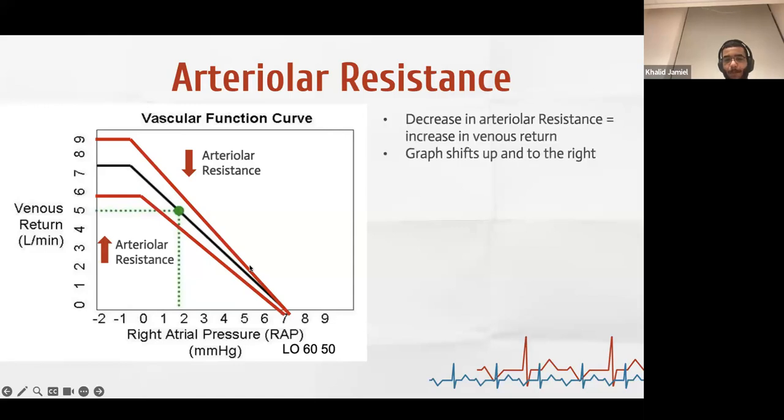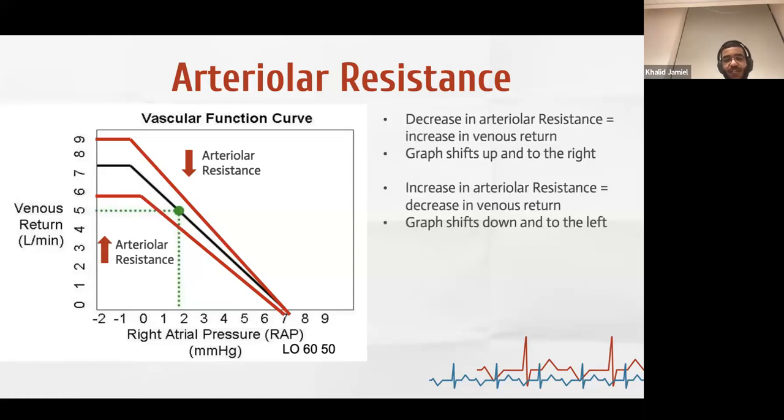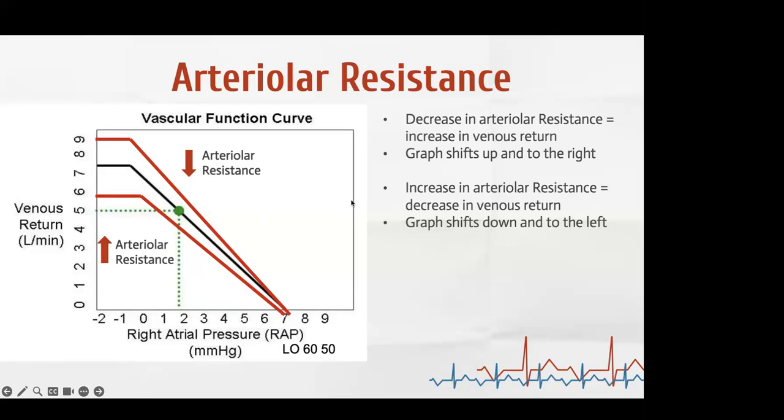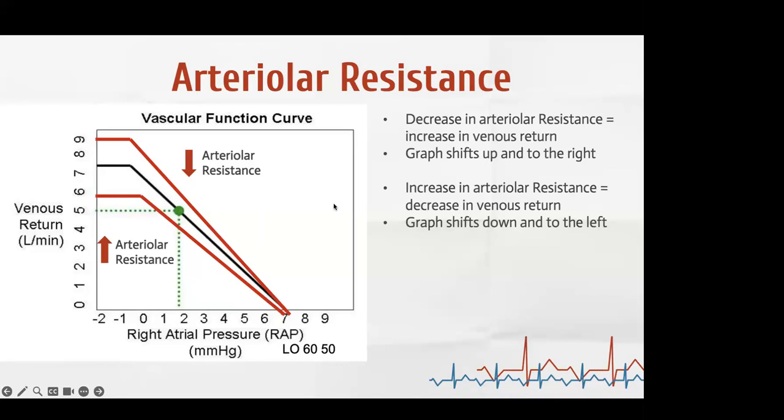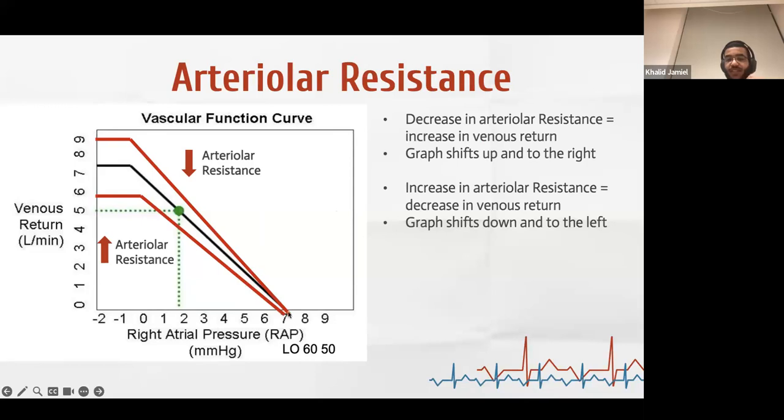Now, did you notice any difference between this and the other curves we took? The slope? The main difference is the right atrial pressure. It's on the same point. Exactly. It's this over here.